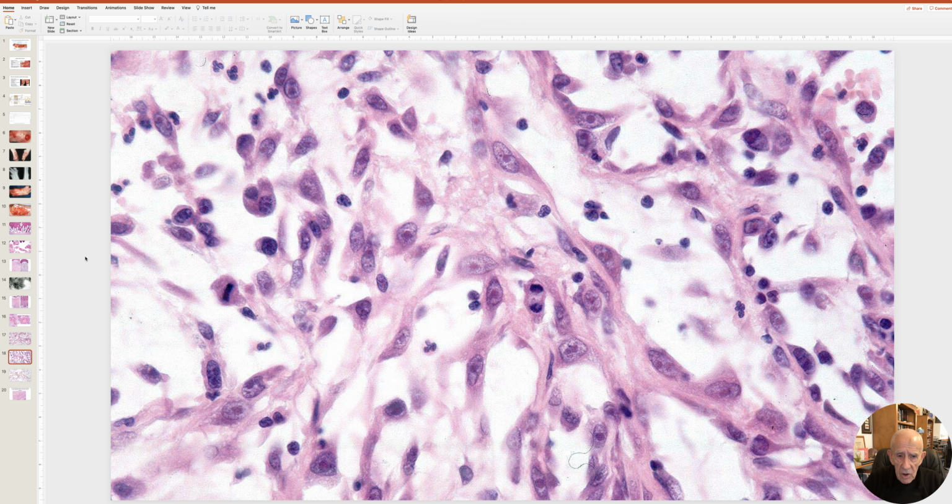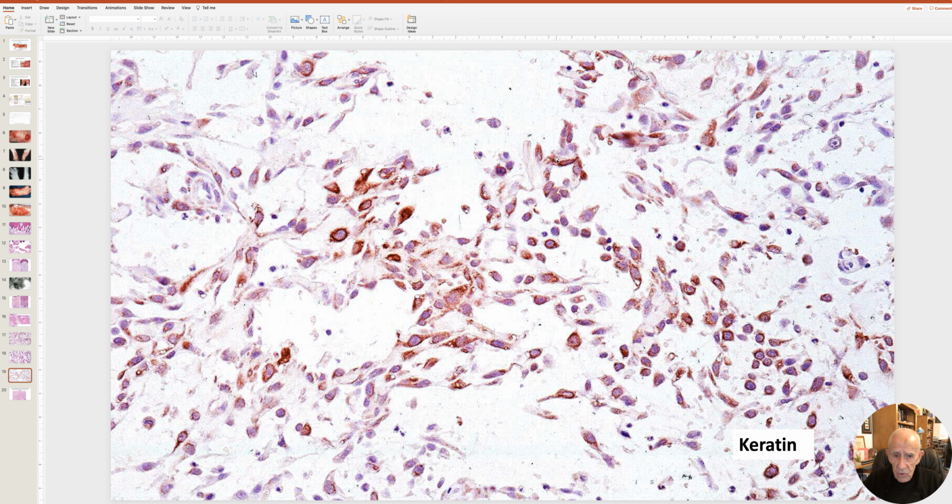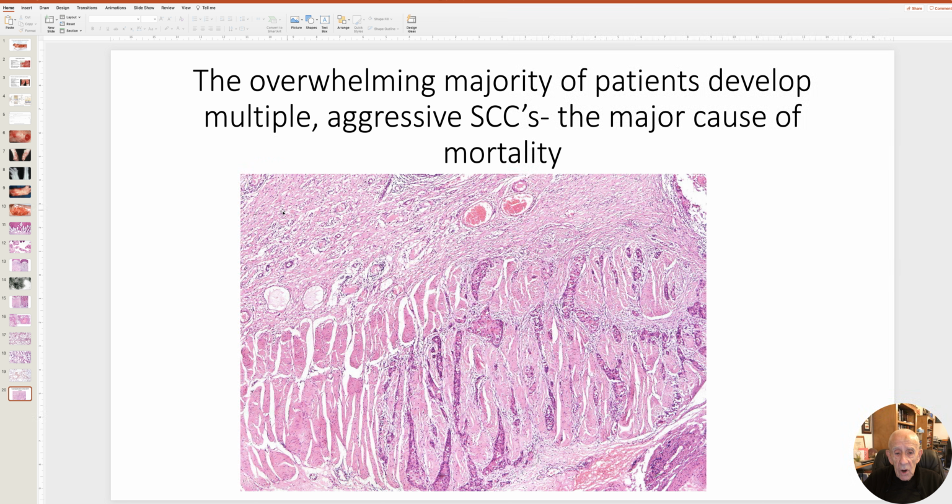There's a close-up view there, and you'd be very hard put to call that a squamous carcinoma unless you did some immunohistochemistry, and there's keratin. So this was classified as a pseudovascular squamous cell carcinoma.